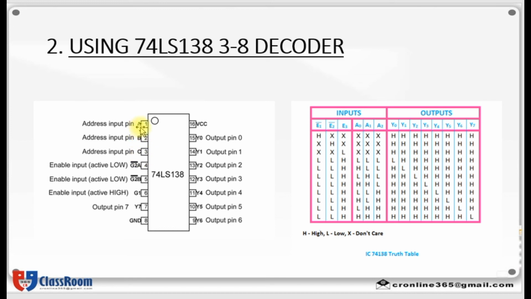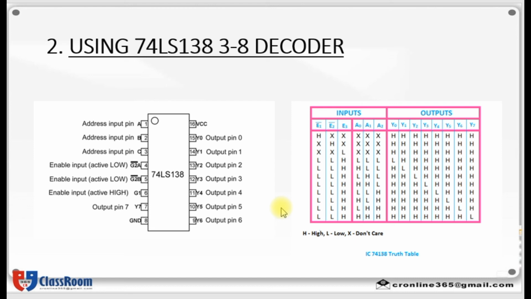It generates 8 active low outputs that can be represented as Y0 to Y7. These are the 8 active low outputs. Then each Y output is connected to the chip select of a memory chip.